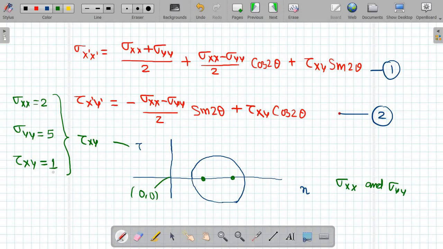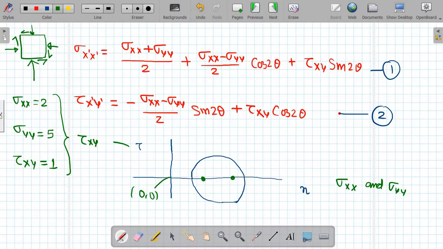Shear xy positive means if you try to make this graph, it will be like that. I am representing 2 with this arrow, 5 with this arrow, and shear xy is equal to 1 positive. It means the shear force will be acting like that. So this is the body diagram.